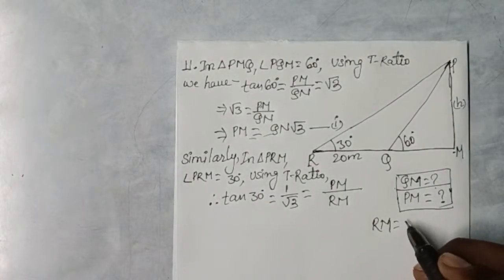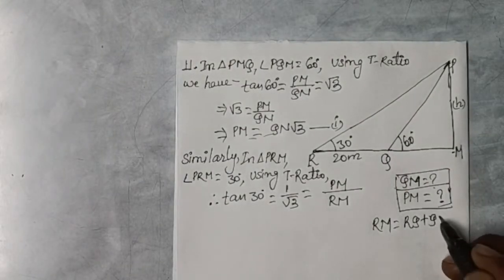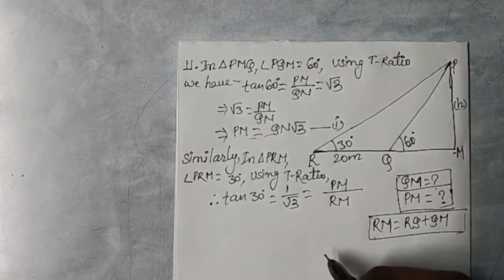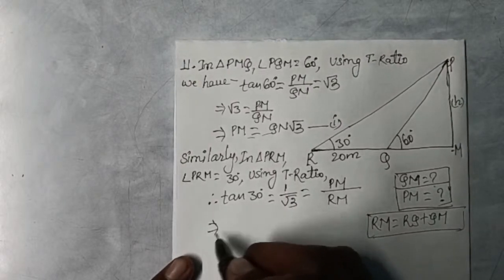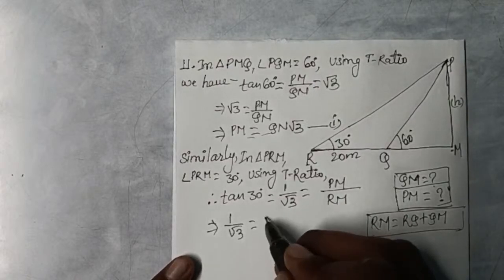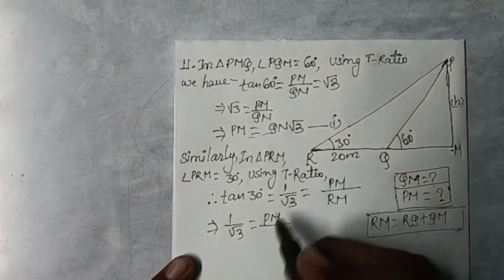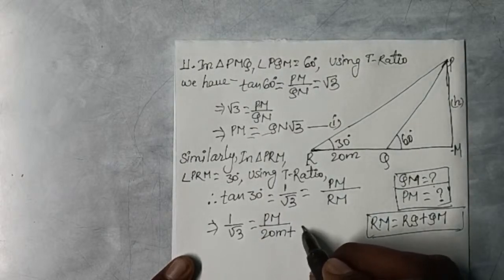RM is RQ plus QM. Now we will put the value of RM. It will become 1 by root 3 equals PM upon RQ, RQ is 20 meter, plus QM.